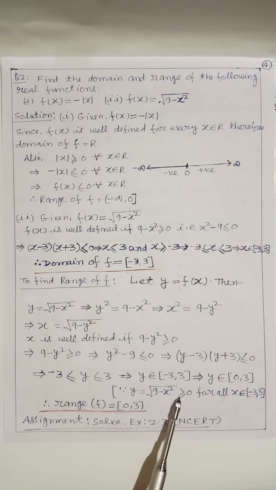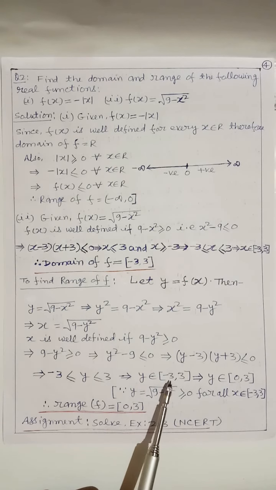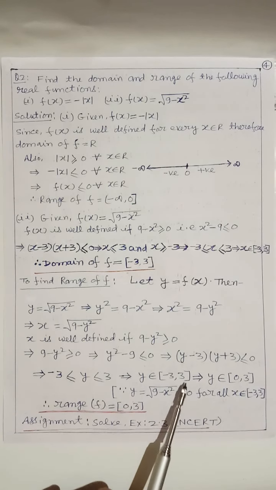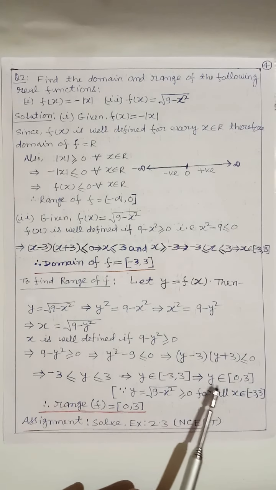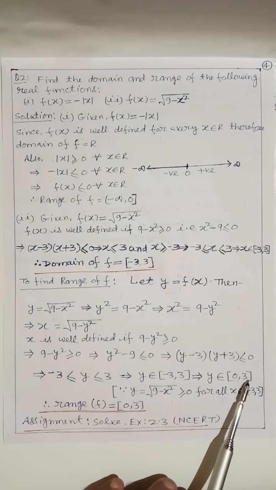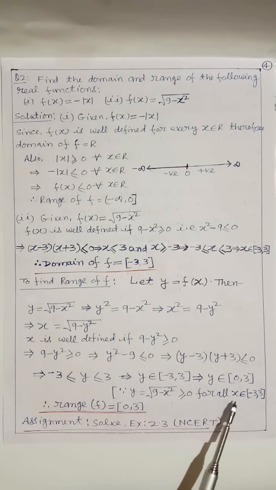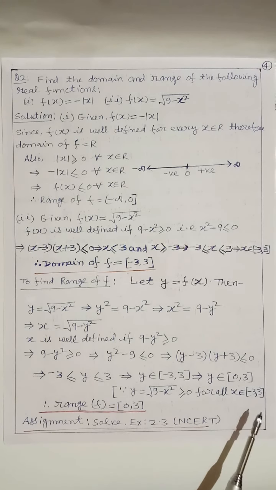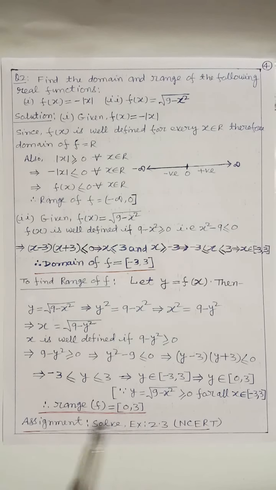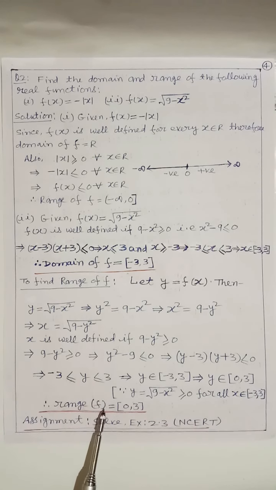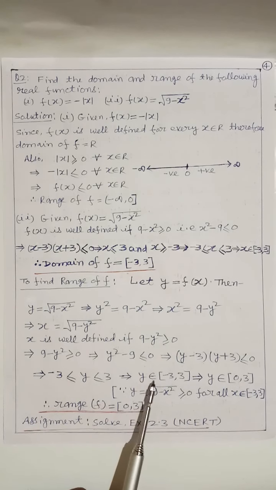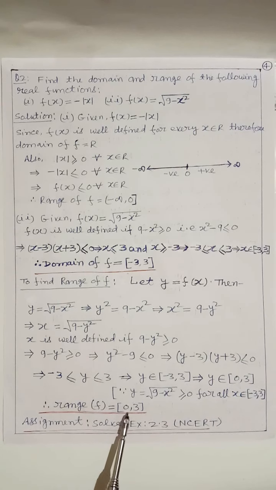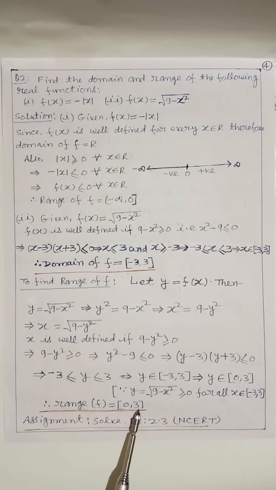But y belongs to minus 3 to 3, the closed interval, and from these two conditions, finally we get y belongs to the closed interval 0 to 3, for all x belongs to the closed interval minus 3 to 3. Therefore, the range of the given function is the closed interval 0 to 3.